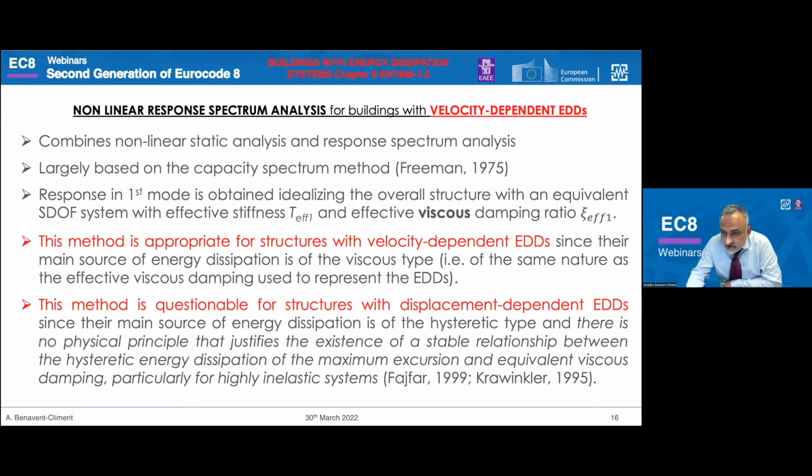That is the same nature as the effective viscous damping that is used in this method to represent the dampers. However, this method is questionable for structures with displacement-dependent dampers, since in the case of displacement-dependent dampers, the main source of energy dissipation is of the hysteretic type. That is, it's the plastic deformation of elements.